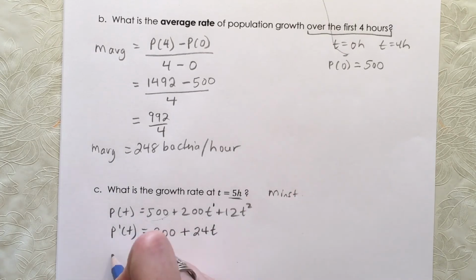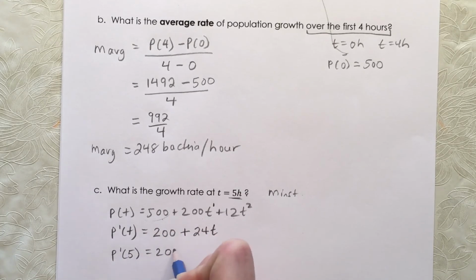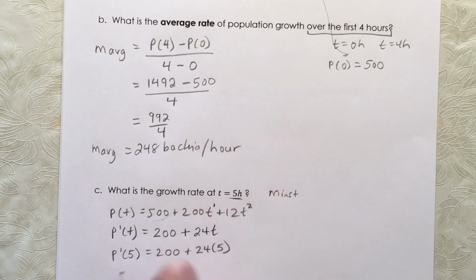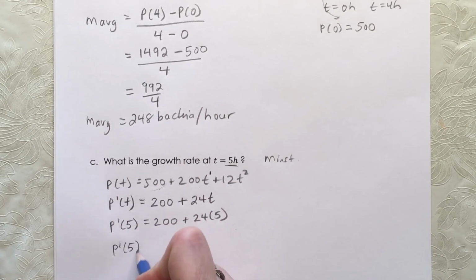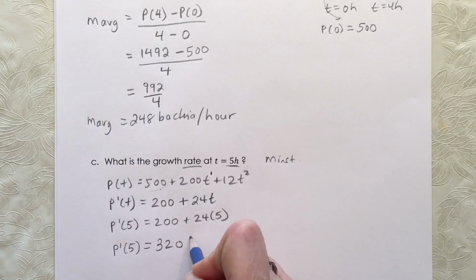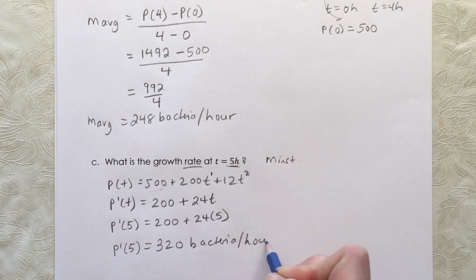But we want to know p prime at 5. And p prime at 5 turns out to be 320. And again, it's a rate, so it needs units, bacteria per hour.